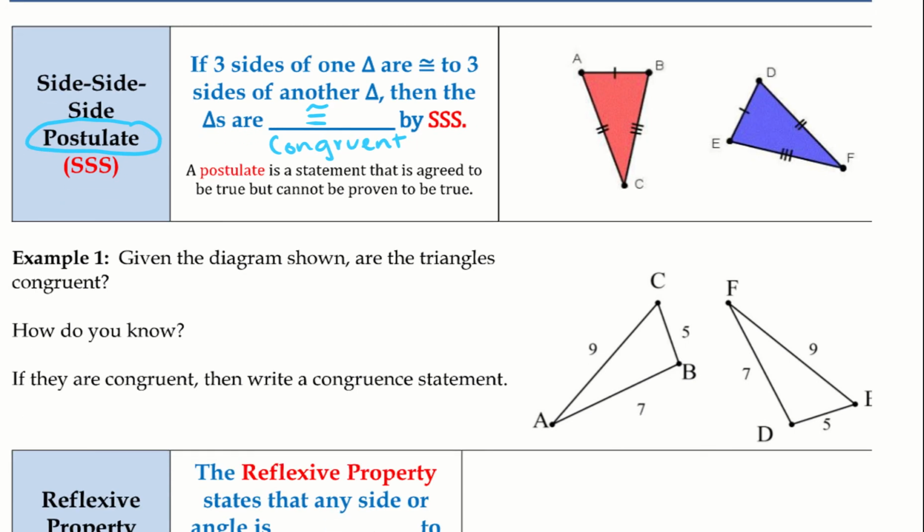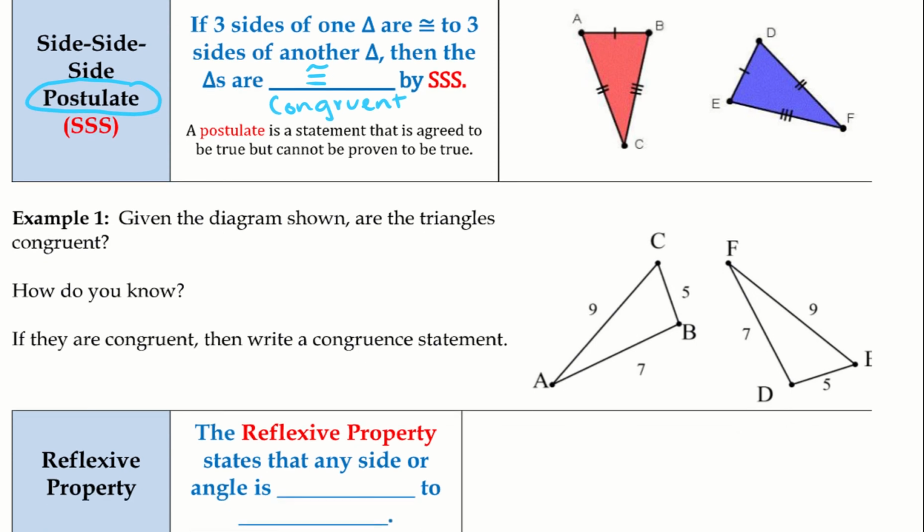Okay, given the diagram shown, are the triangles congruent? I noticed that we have 9, 7, 5, and we also have 9, 7, 5. So yes, all the sides are congruent to the sides of the other triangle. Not individual sides, but with the other triangle. So that would be how we know.